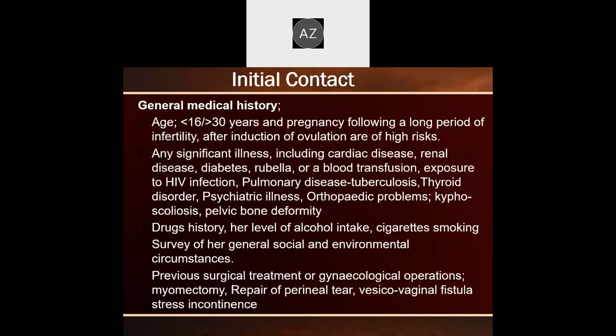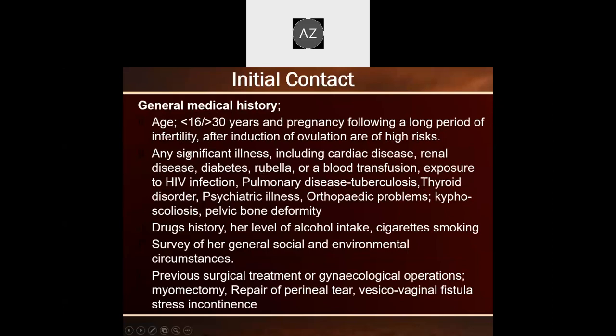The initial contact should usually be below 12 weeks or at 12 weeks. At the initial contact, there are mandatory things you need to do. You need to take a general medical history and know whether your mother is high risk.